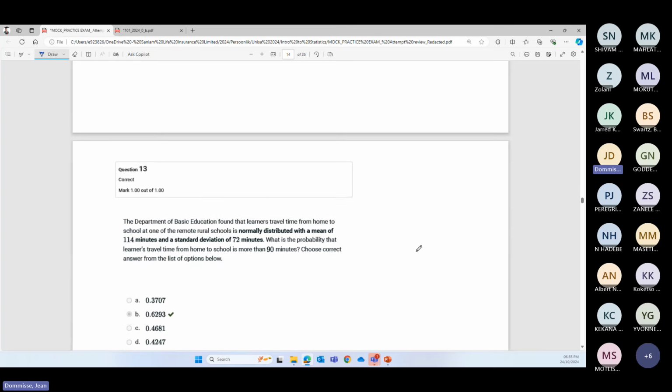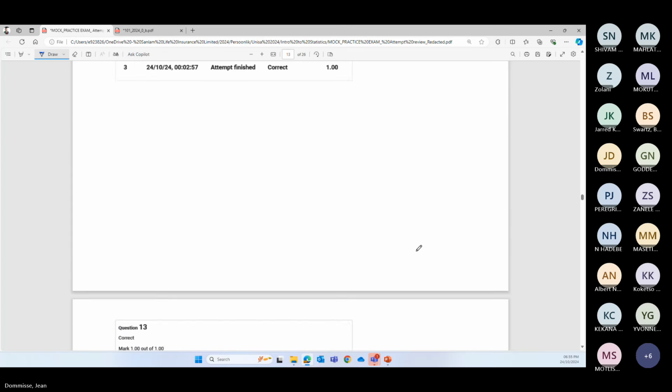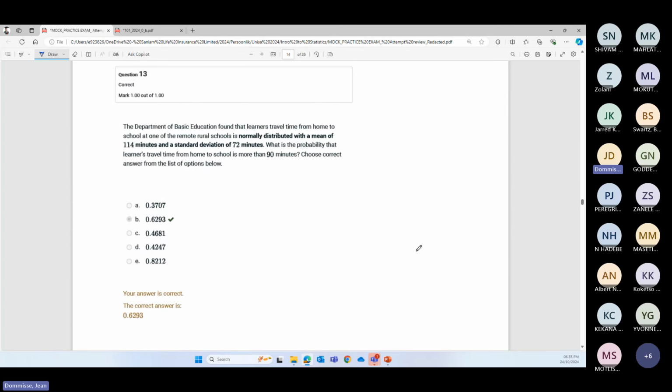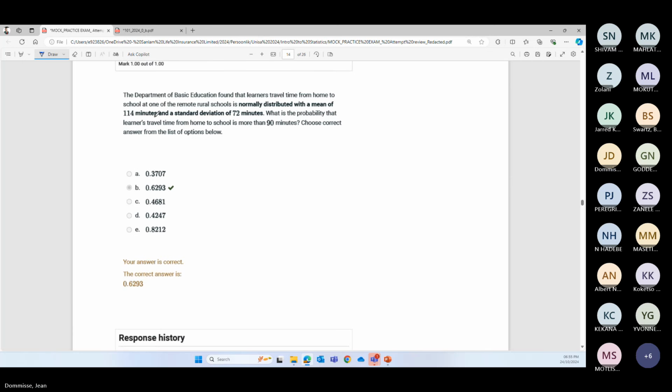Okay, so let's go into the next one. Okay, so here they give us a bit of information. Looks again like the one we did last night. So the Department of Education found that learners' travel time from home is normally distributed with a mean and standard deviation.